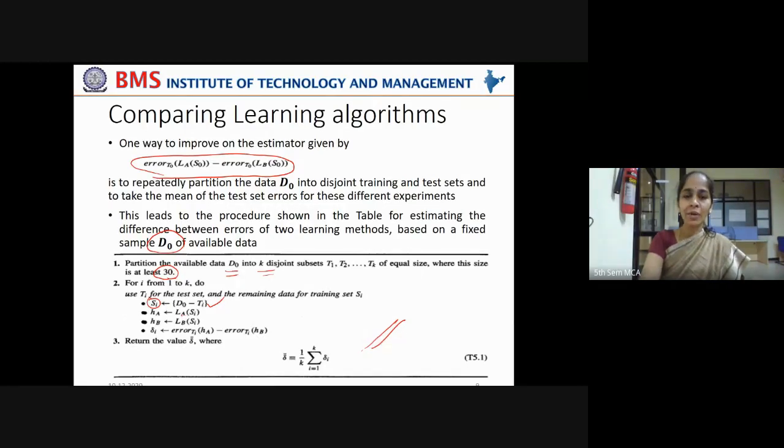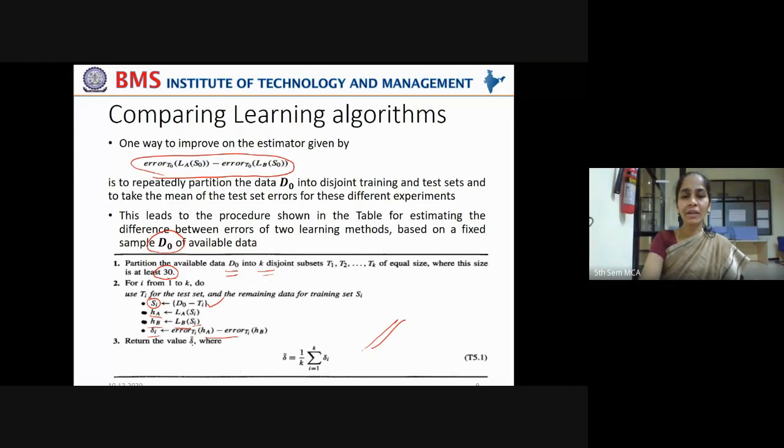Now train algorithm A on this training set, that is your hypothesis learned by algorithm A, and train algorithm B on this training set Si, that is the hypothesis learned by using algorithm B. Now the difference between these two hypotheses' errors will give you delta i.